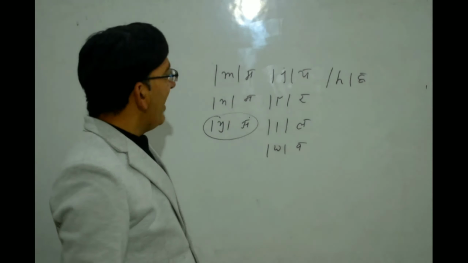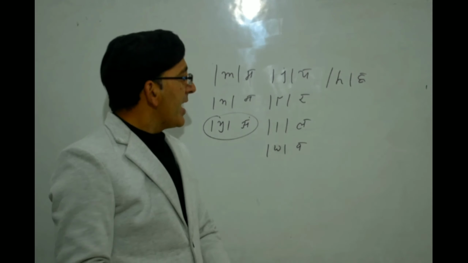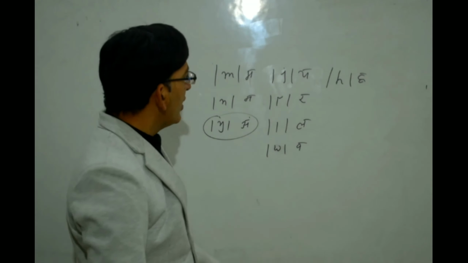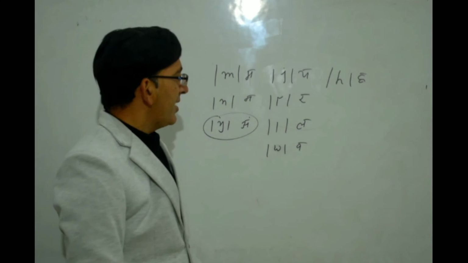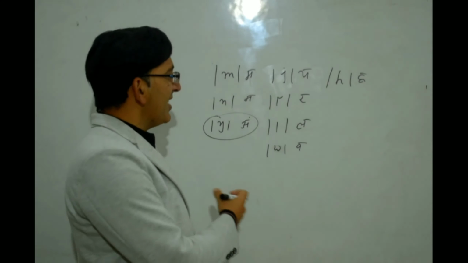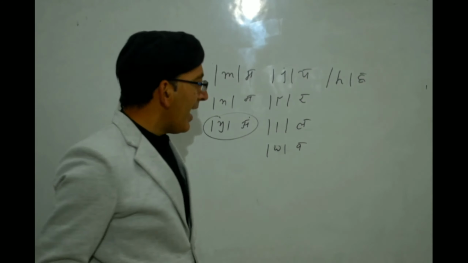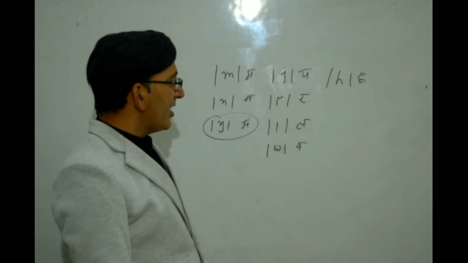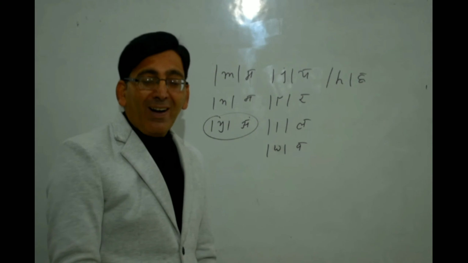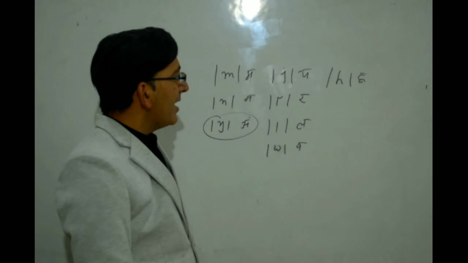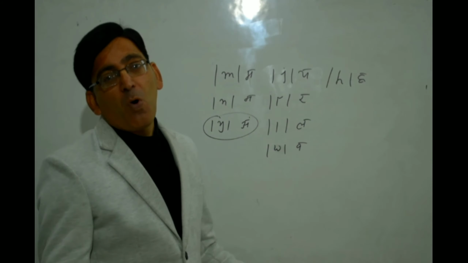So these are the next 5 symbols. The symbol of y is j in the English alphabet. The symbol of r is like the English alphabet r, and the symbol of l is a small l in the English alphabet. The symbol of w is a w, and the symbol of h is like a small h.